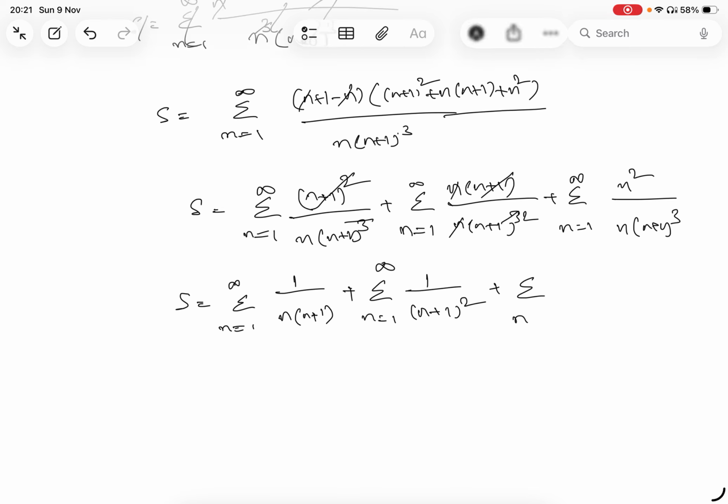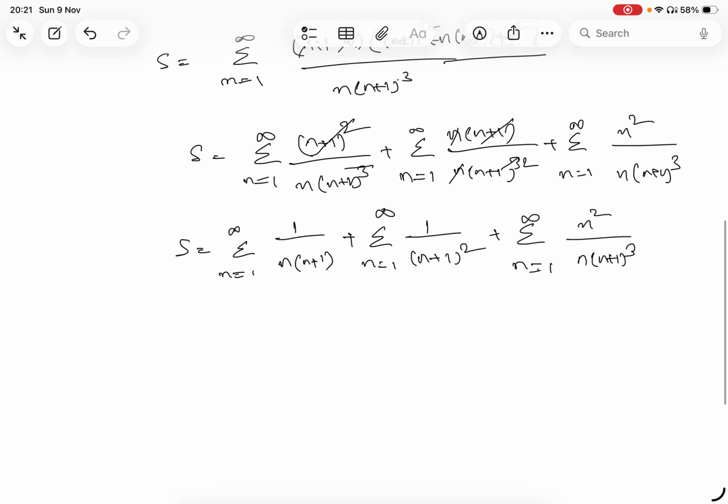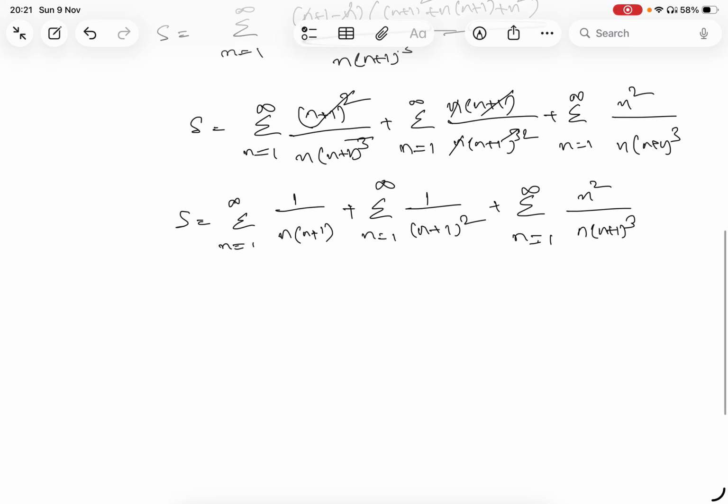Then the third term is summation n equal to 1 to infinity n square by n into n plus 1 whole cube. These first two terms I calculated in my previous problem, so let's solve it again. Let's consider these as S1, S2, and S3.